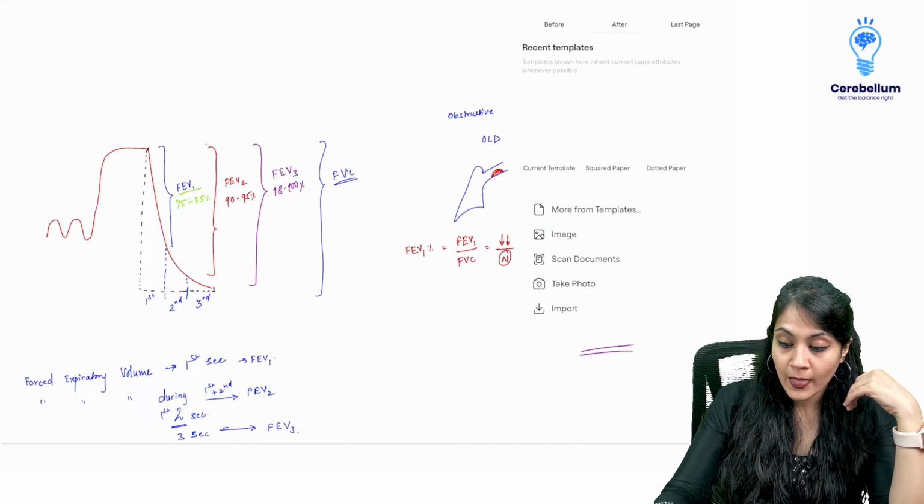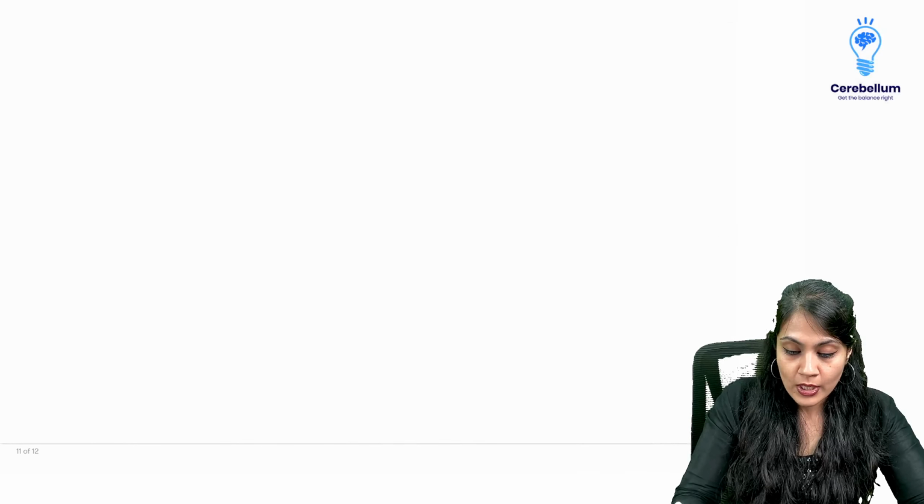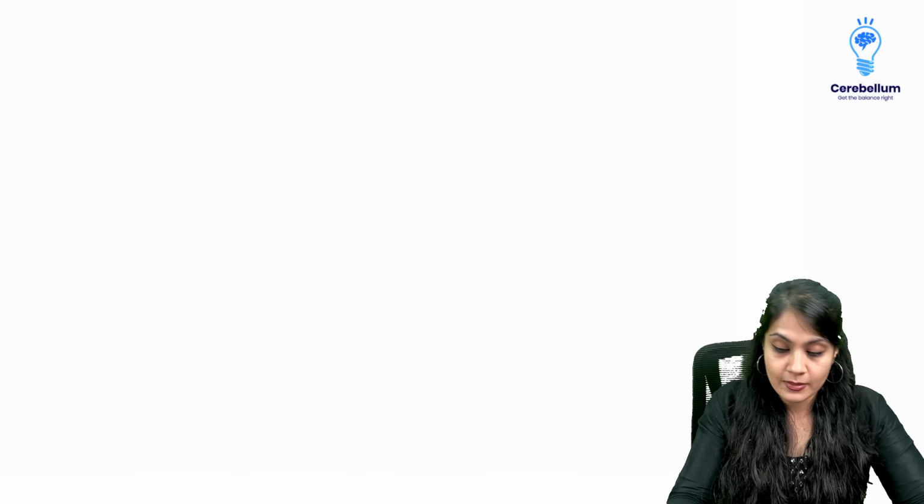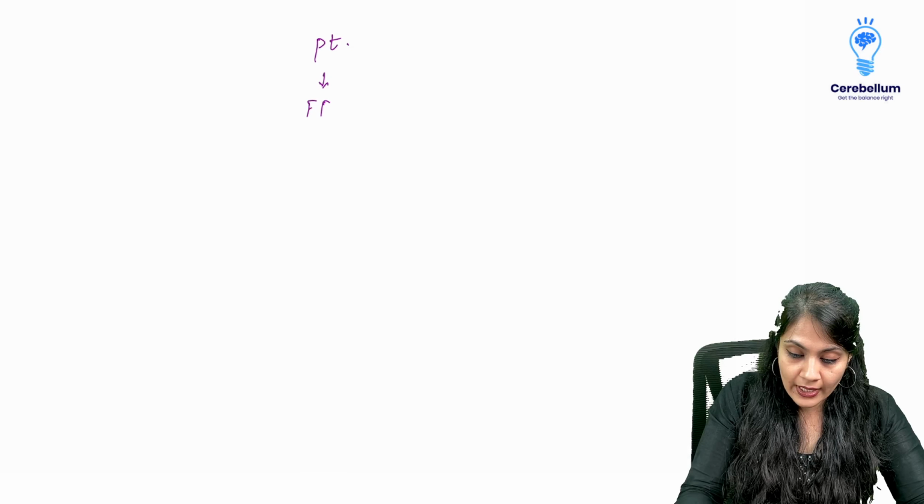So please remember, if the patient comes to you with dyspnea, exertional dyspnea especially, that means whenever he does exertion he has difficulty in breathing, you're going to check the FEV1 percentage.